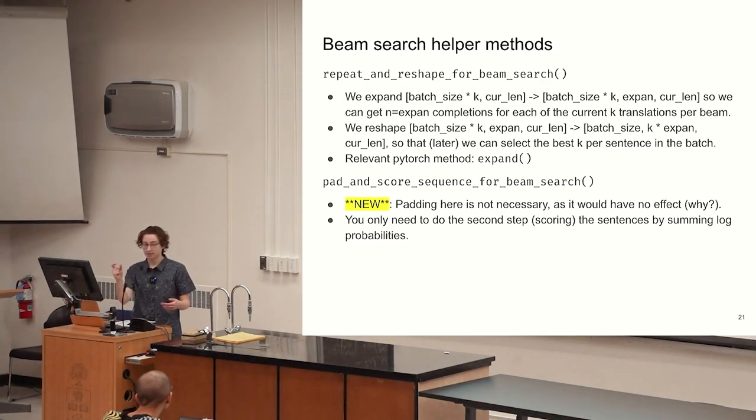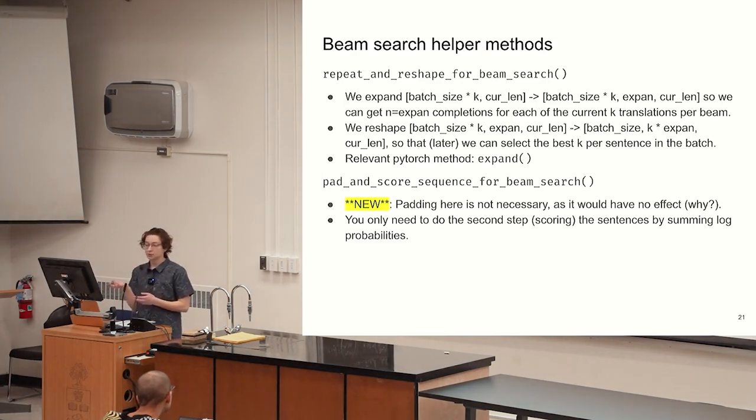They have this end of sequence token, and we don't need to do what the padding would do, which is add padding tokens after the end of sequence token. That's left over from an earlier version that RV had been working on and implementing, but we don't need it anymore, so you don't need to implement it.